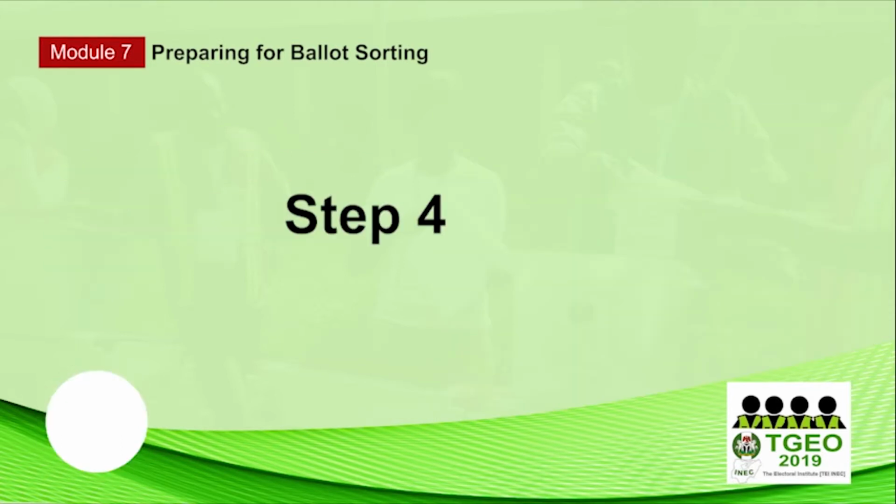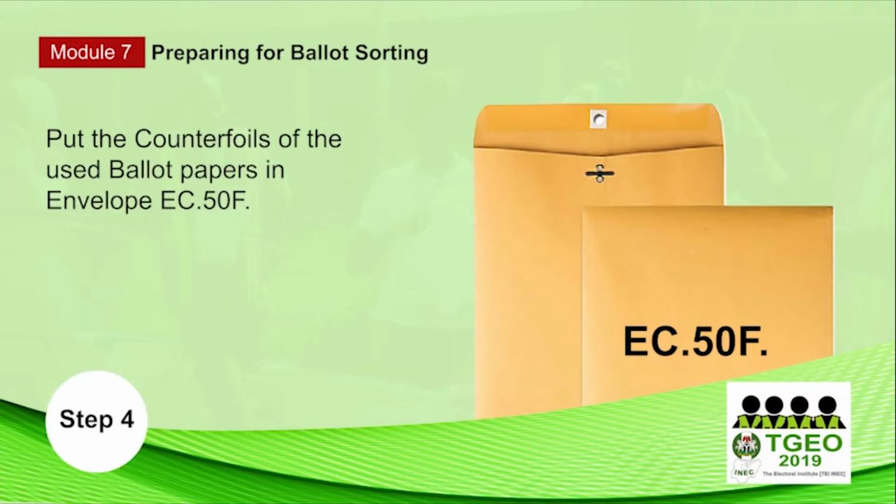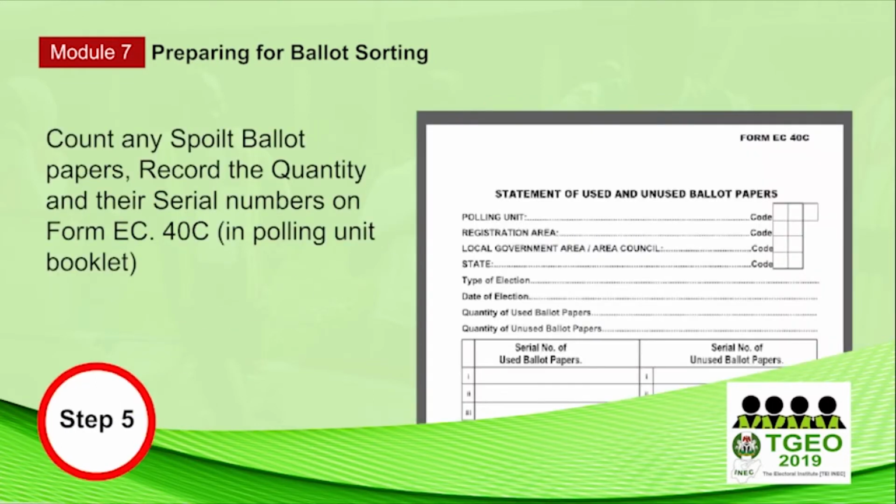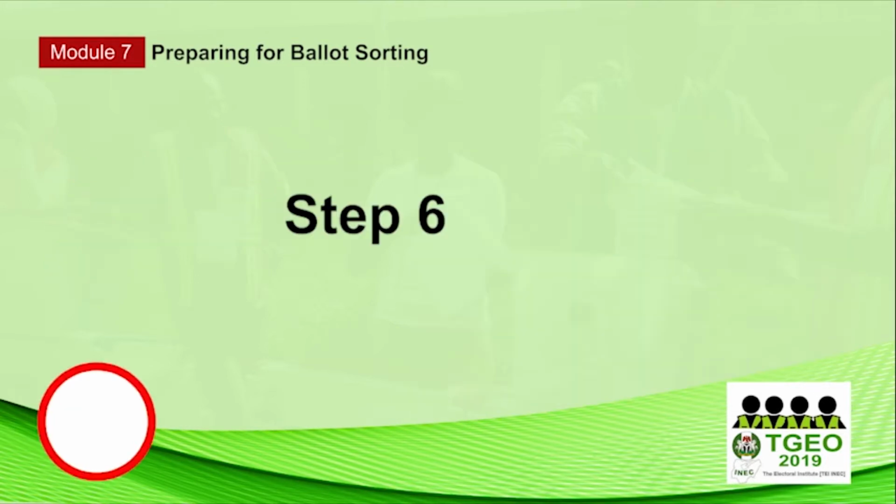Step 4. Put the counterfoil of the used ballot papers in envelope EC50F. Step 5. Count any spoiled ballot papers, record the quantity and their serial numbers on Form EC40C. Step 6.